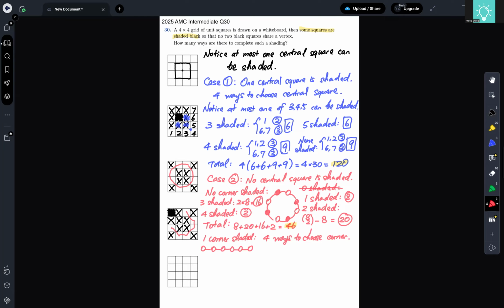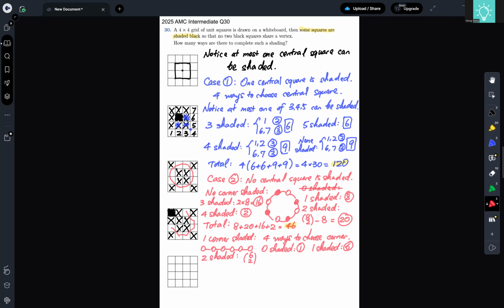Now that I've shaded in at least 1 square, I don't need to worry about the none-shaded case because that only appears once. Okay, so out of these 6, I can't shade 2 consecutive squares. So if I shade none of them, that's just one choice. If I choose one to shade, I can choose any one of them. So there's 6 altogether.